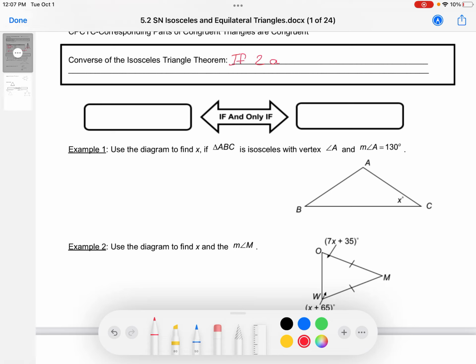If two angles of a triangle are congruent, then the sides opposite the angles are congruent.